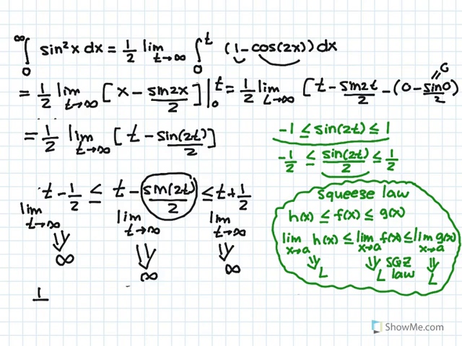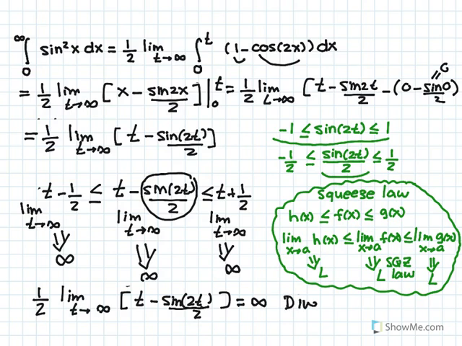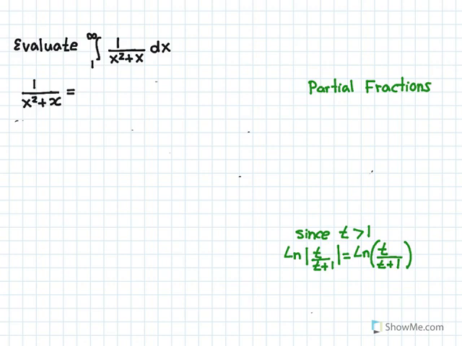So the answer is 1 half limit as t goes to infinity of t minus sine 2t divided by 2. This is infinity. That means the integral diverges. So the answer to this integral is infinity. Diverges.